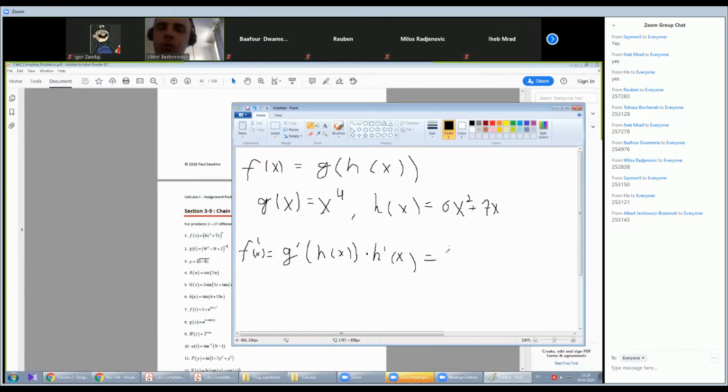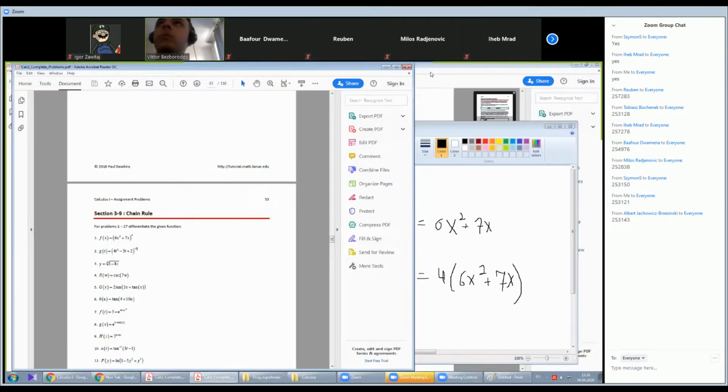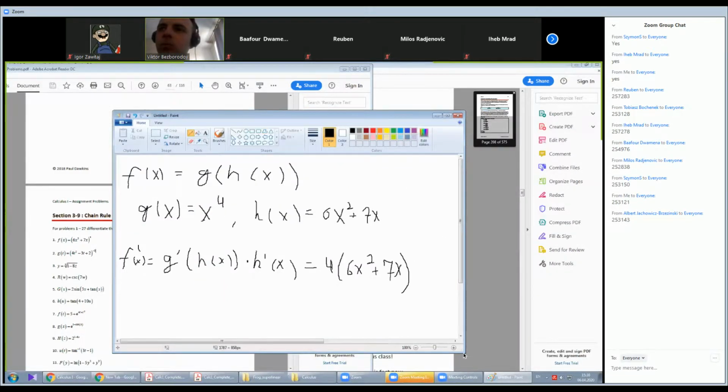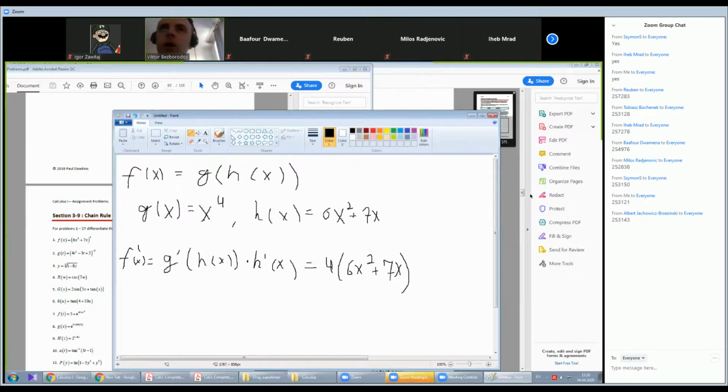So it's going to be 4 times this expression plus 7x, and then it's going to be a cube right here, and then we'll multiply by the derivative of h.